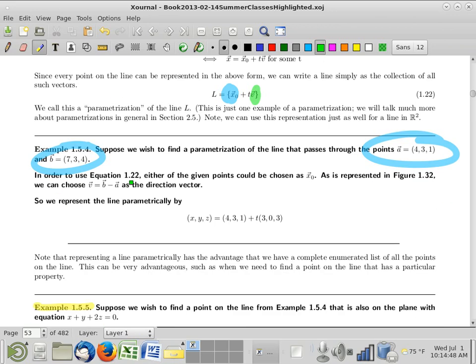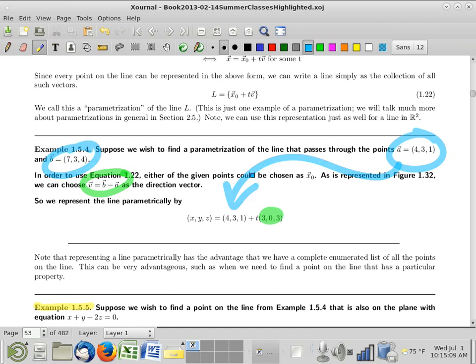Okay. So that's what I've got here. You'll notice that we use the difference b minus a as our direction vector. Either of these 2 points would have been fine to use as the starting point. I use that one, no particular reason, doesn't matter.